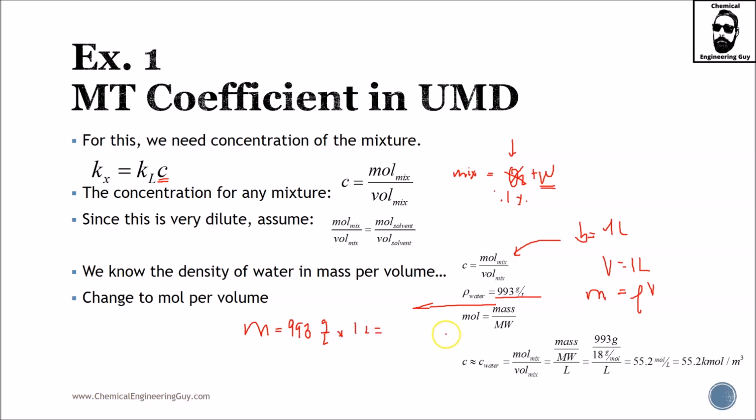I get 993 grams. But remember that I need moles, so I need to change those 993 grams to moles, which is what I'm doing here, dividing by 18, the molecular weight of water. I will get 55.2 moles per liter.